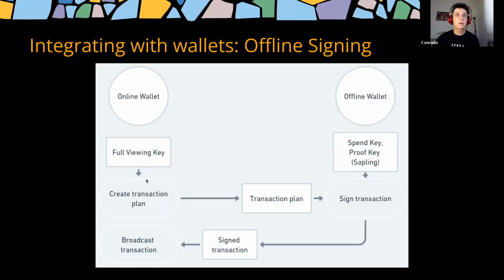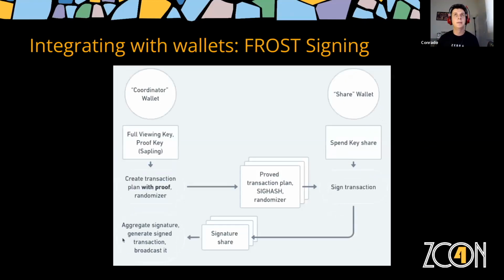This online wallet can create a transaction plan, right? I need to send this much Zcash to this address. The transaction plan can be transported to an offline wallet, which has a spending key, and this offline wallet signs the transaction, and you go back to the online wallet and broadcast it.